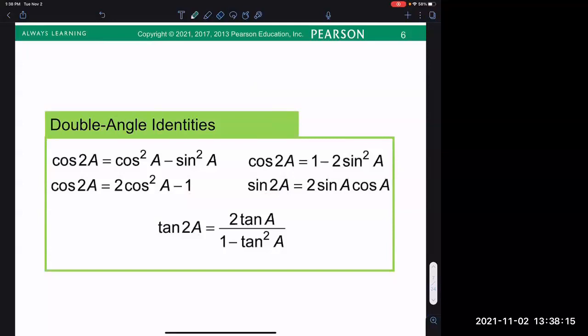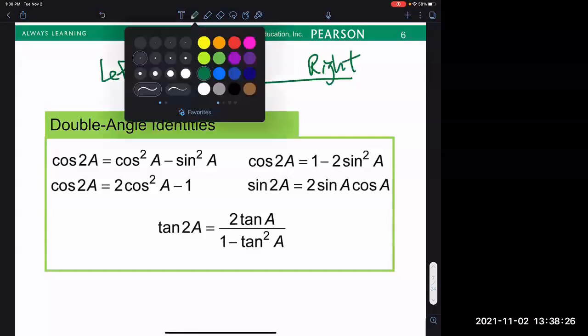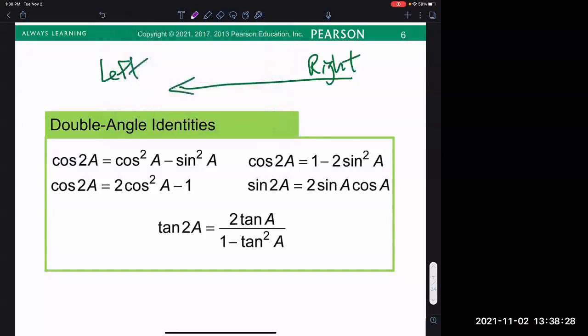So in all of these cases, if you're going from the right side to the left side, that will be a simplification. It's simpler if you take the expression on the right and convert it into the left.